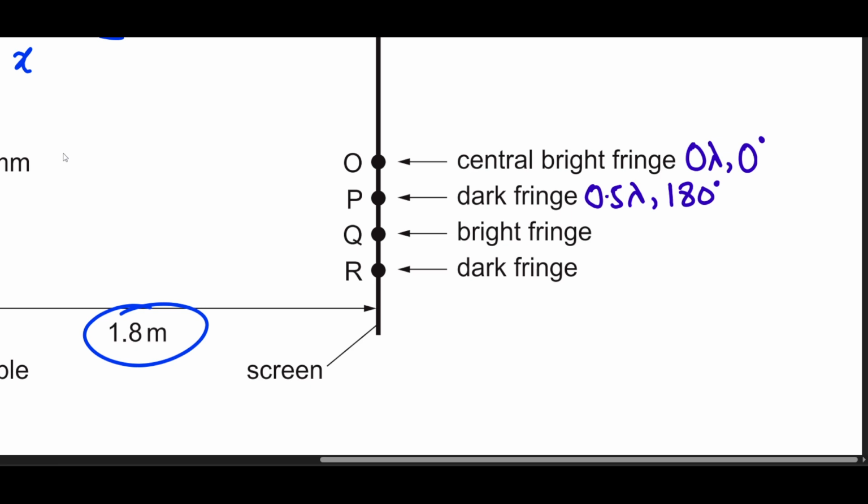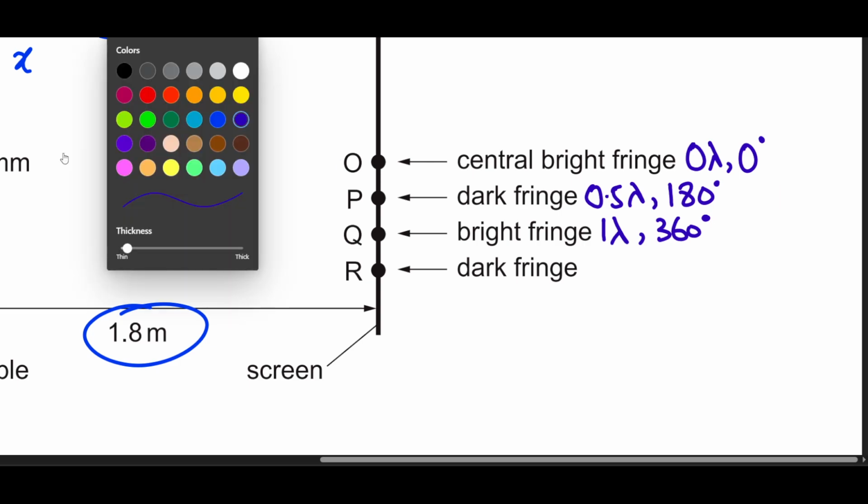This is what you see as the formulas in the books that are given to you, that this is going to be an odd number, this is going to be an even number. Let's forget about that. So the very first time you see the bright fringe after the central bright fringe, this will have a path difference of 1 lambda and a phase difference of 360 compared to the original, or central, bright fringe, right?